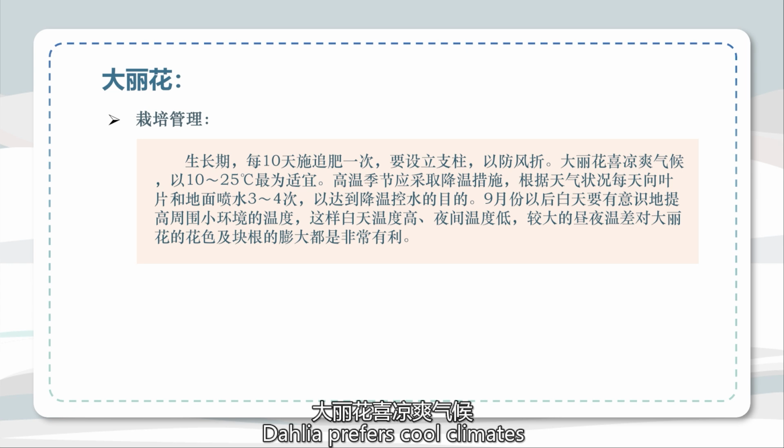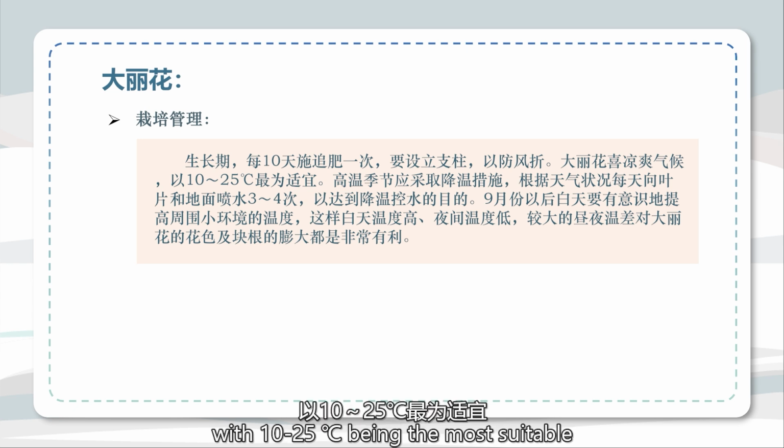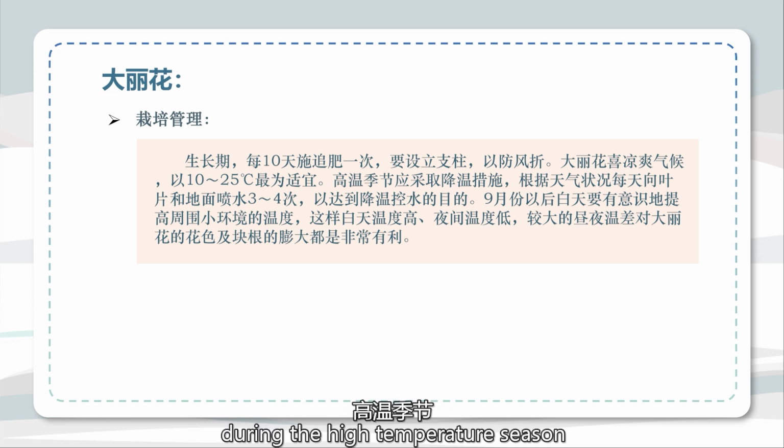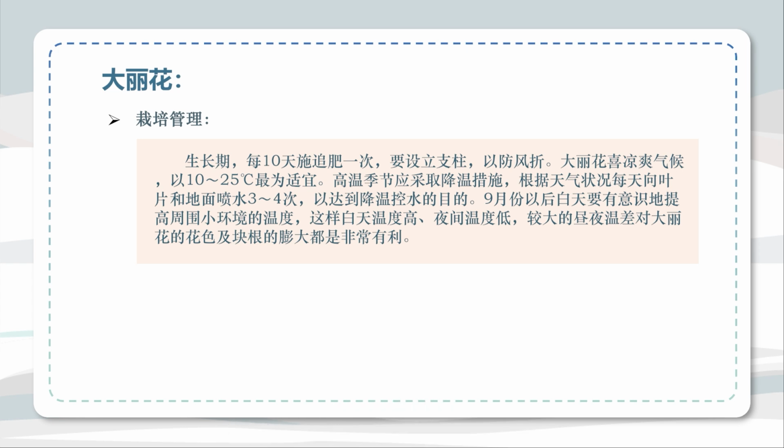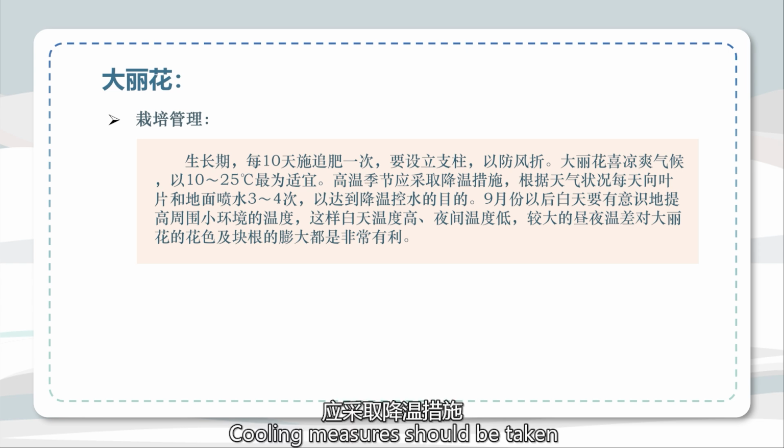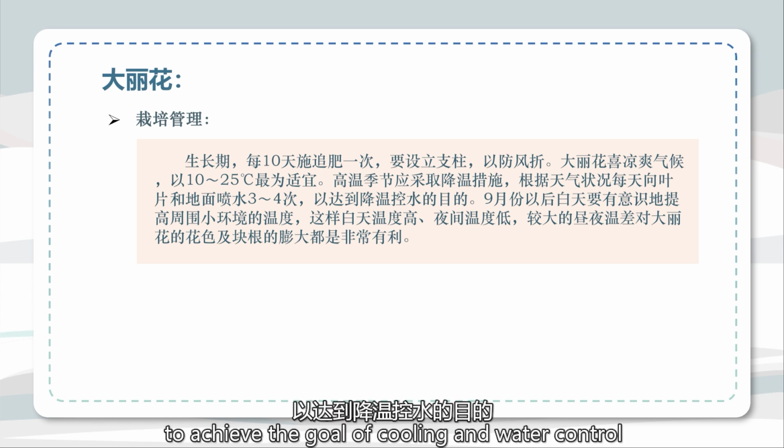Dahlia prefers cool climates, with 10 to 25 degrees Celsius being the most suitable. During the high temperature season, cooling measures should be taken according to weather conditions, spraying water 3 to 4 times a day on the leaves and ground to achieve the goal of cooling and water control.